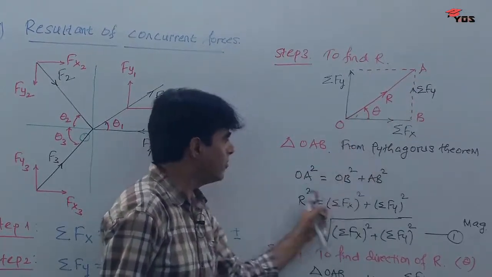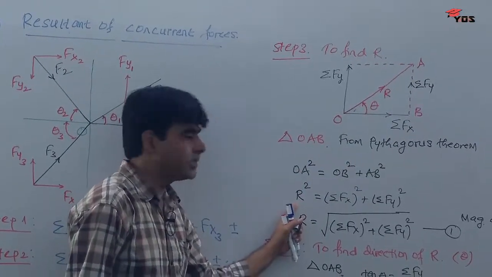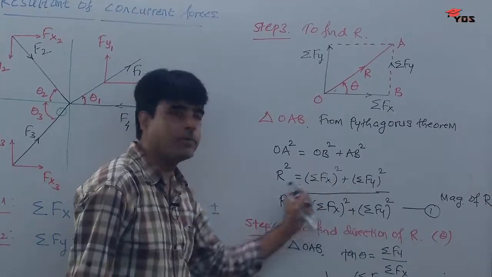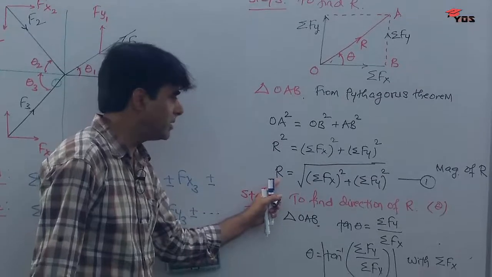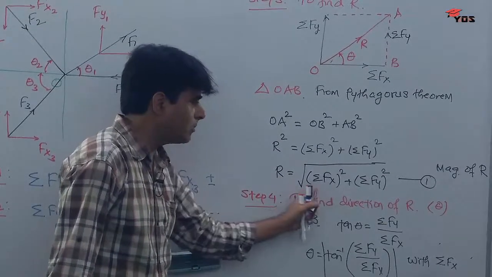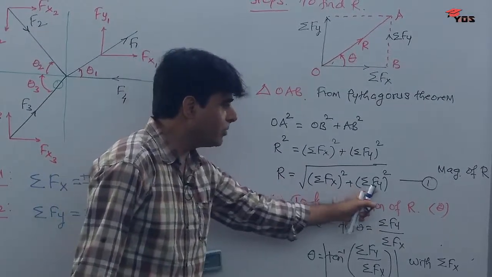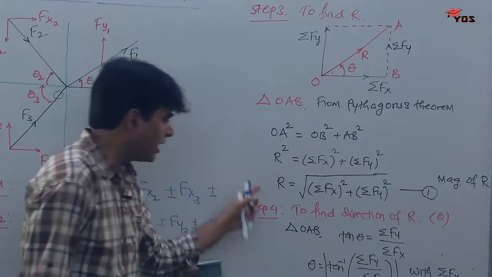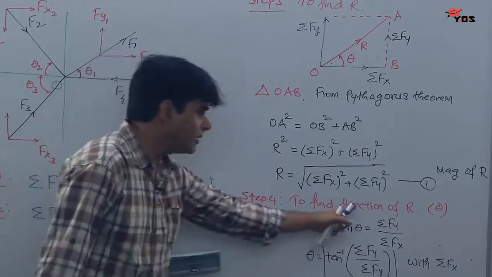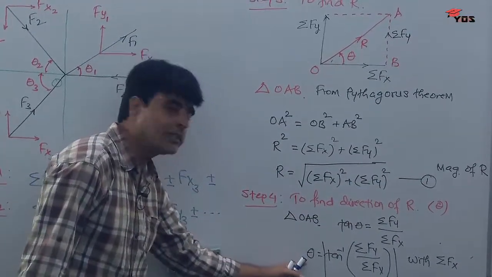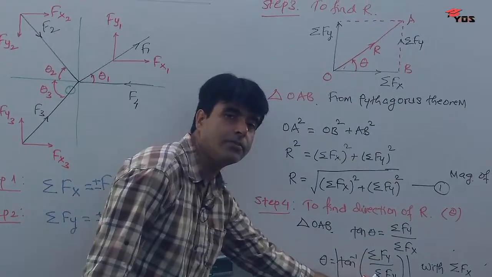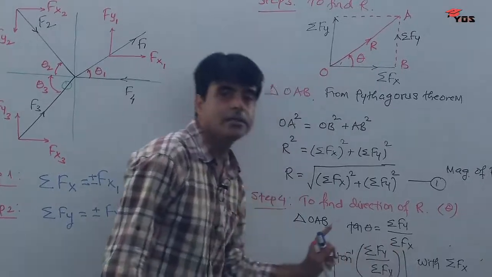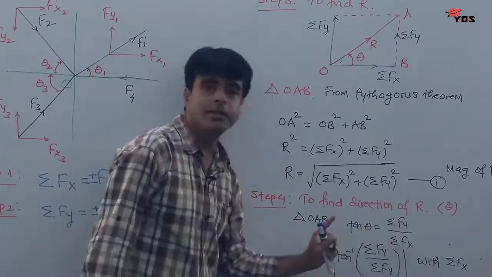So from this diagram what you get is R square is given by sigma Fx whole square plus sigma Fy whole square. So finally you know how to get magnitude of resultant, that is this equation, under root sigma Fx whole square plus sigma Fy whole square. This will give magnitude, and the last step is to find the direction, that is by using this equation, theta equal to tan inverse of summation of Fy by summation of Fx, that is with the summation Fx. This theta is always with summation Fx.